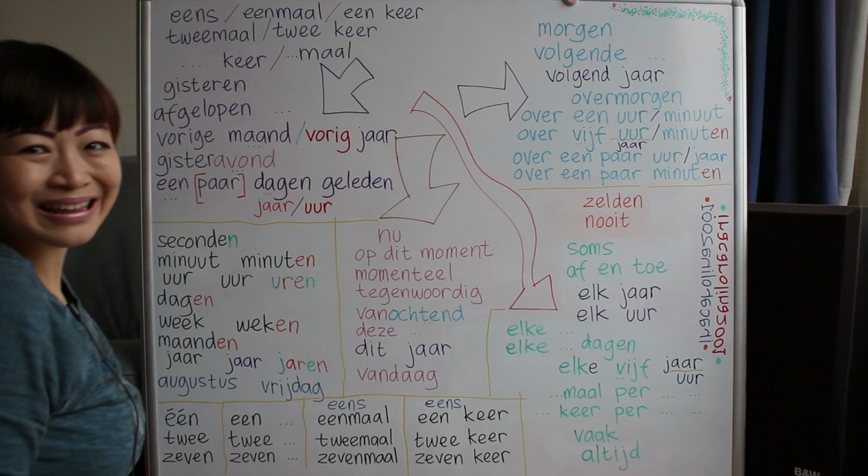And in Dutch we have a word for the day after tomorrow, in one word, even though it's originally from two words. The day after tomorrow is overmorgen, one word, from morgen, tomorrow, and over, past. Overmorgen.